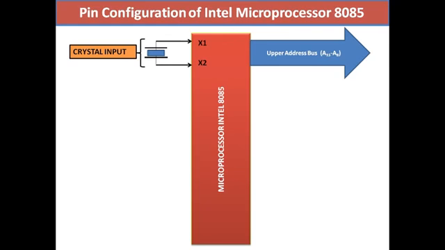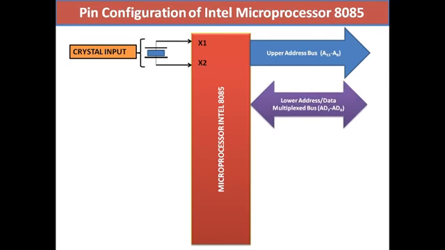One is the upper address bus and the other one is lower address bus. But in 8085, the lower order address bus is time multiplexed with data bus. We will discuss how this bus can be utilized as address and data bus using demultiplexing technique.